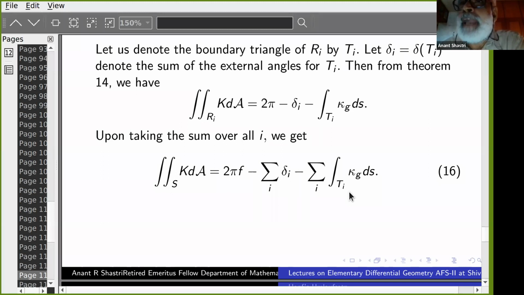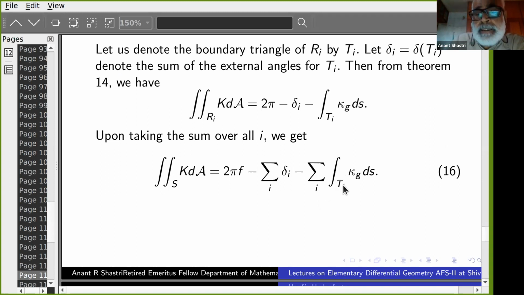Therefore, the two integrals cancel out. We used this in proving Green's theorem for multiply connected domains. The same thing we are going to use here. This summation over Ti consists of three edges. Each edge will occur inside some Ti and Tj exactly twice. What is the orientation? If one triangle is going this way, the other triangle will be going the other way around. Therefore, the two integrals cancel out.